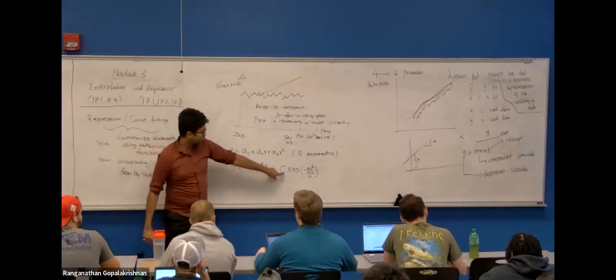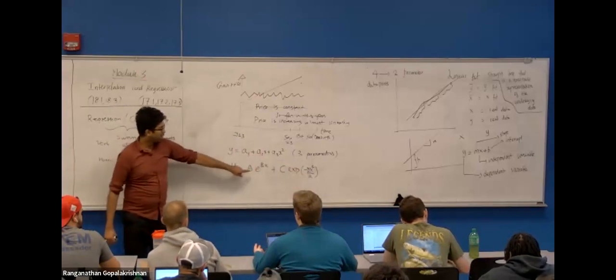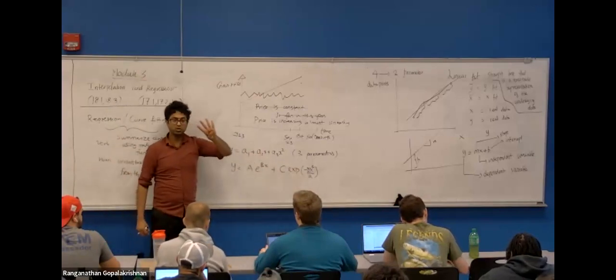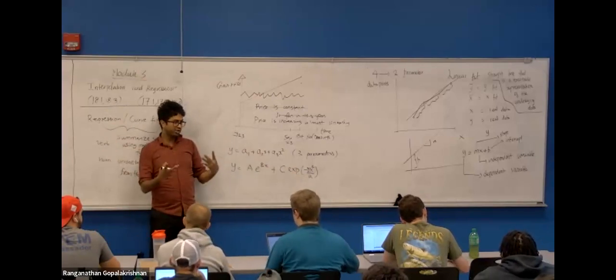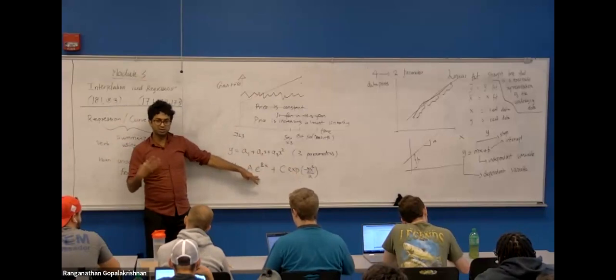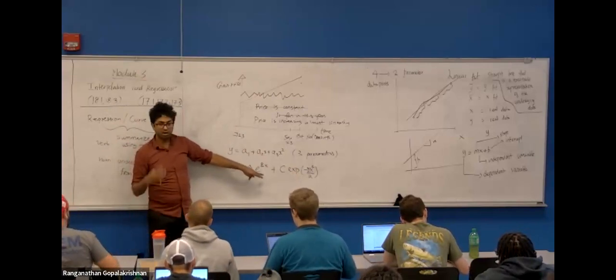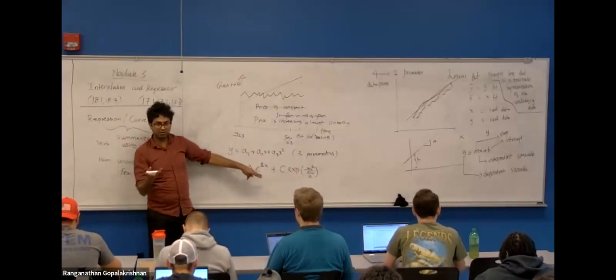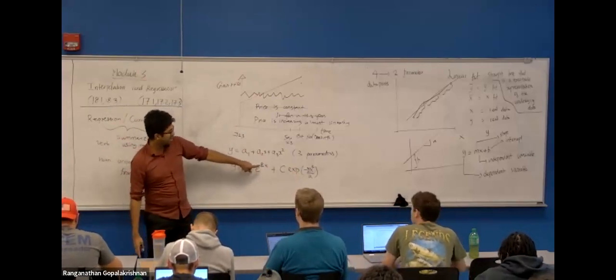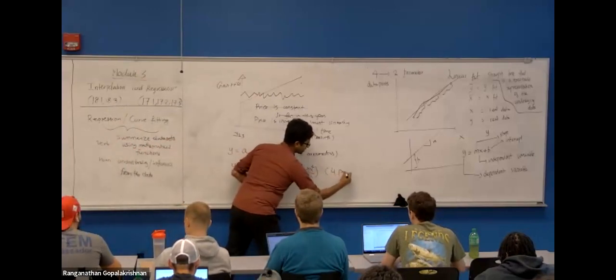Plus c times exponent of minus d x squared over 2. A, B, C, D, 4 parameters. So you can construct a fit function which is as complex as you want it to be based on your data, and depending on how sophisticated the function is, there might be any number of parameters. In this example, it's 4 parameters.